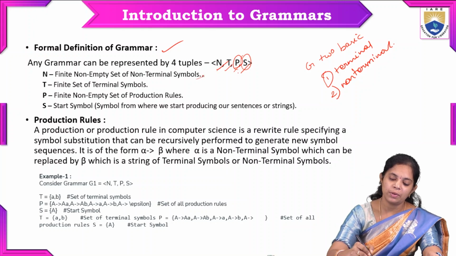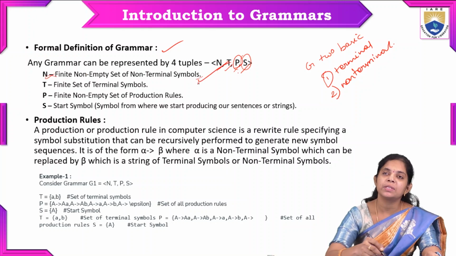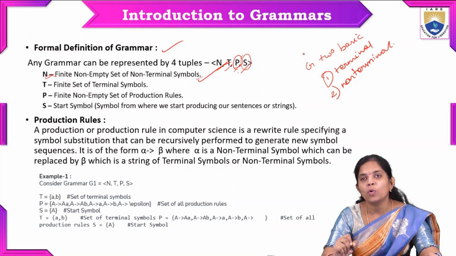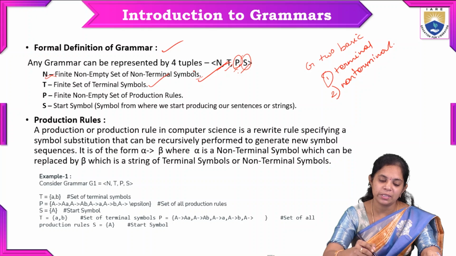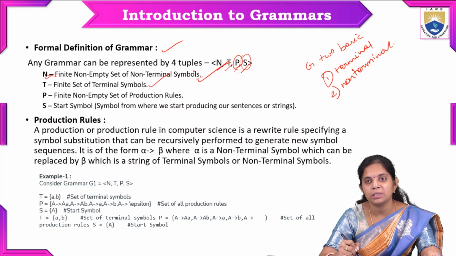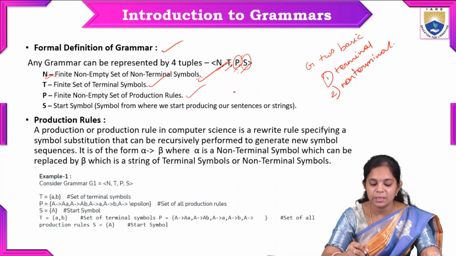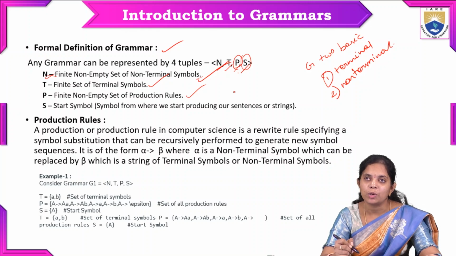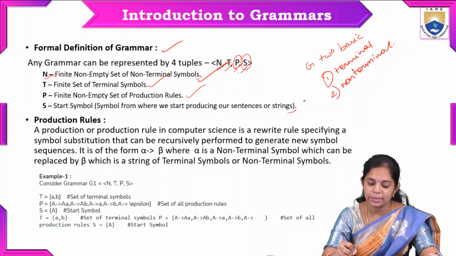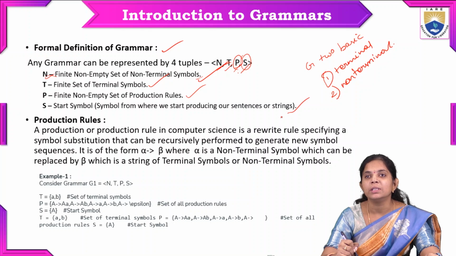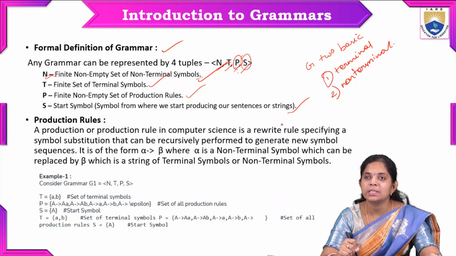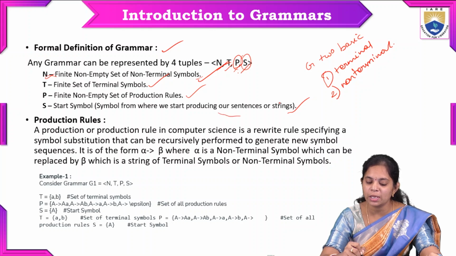In this four-tuple notation, N is a finite non-empty set of non-terminal symbols, T is a finite set of terminal symbols, P is a non-empty set of production rules, and S is the start symbol, the symbol from where we start producing our sentences or strings.